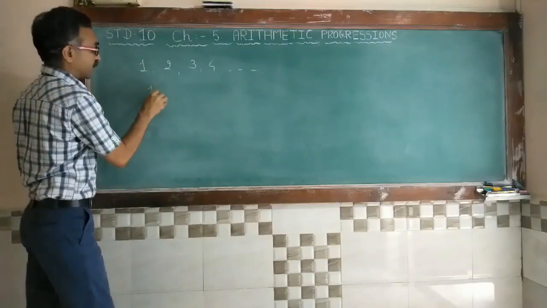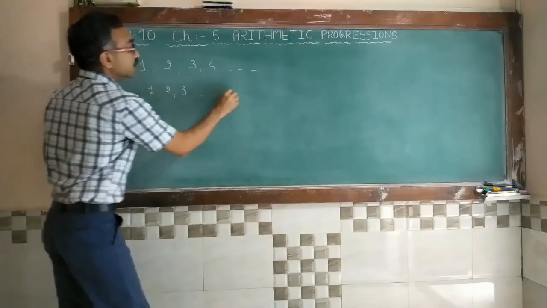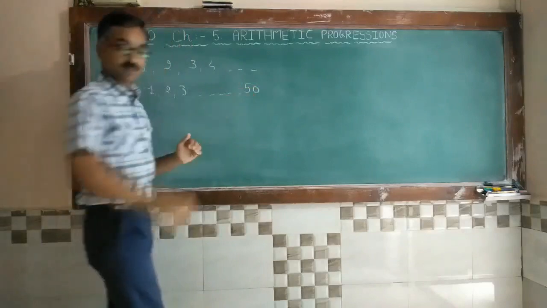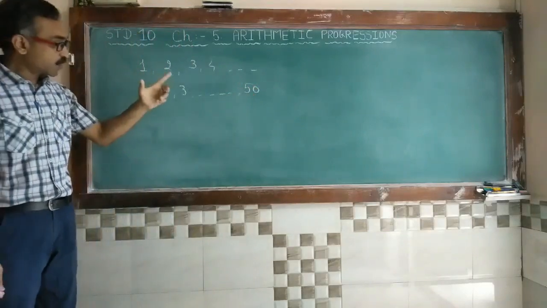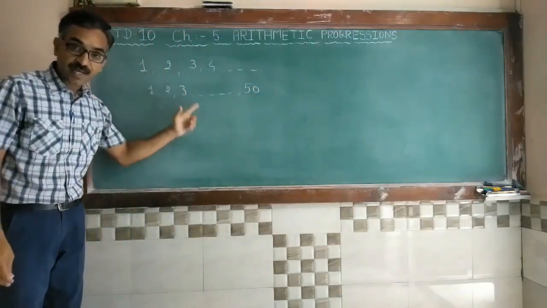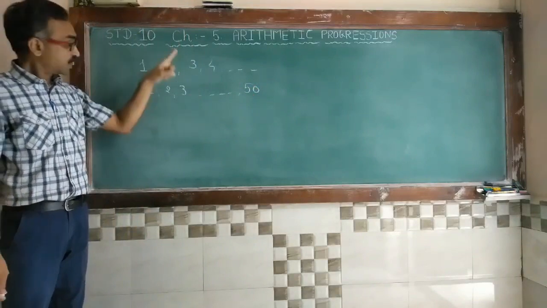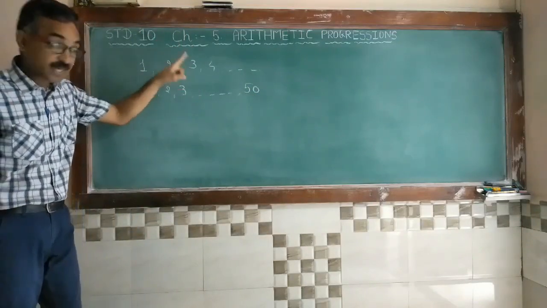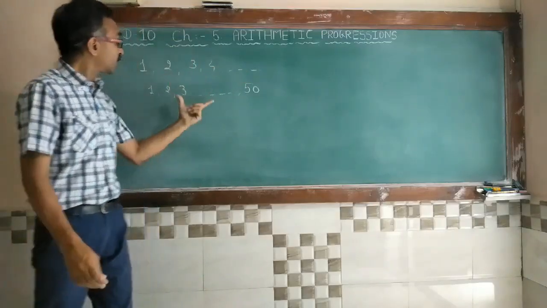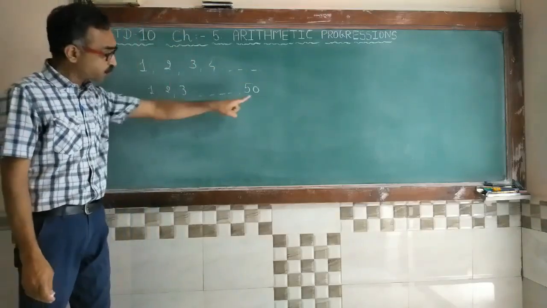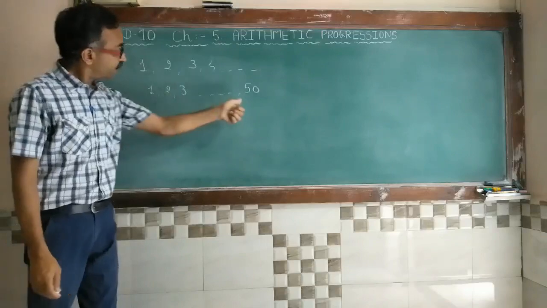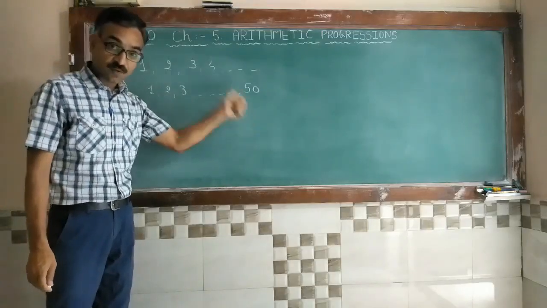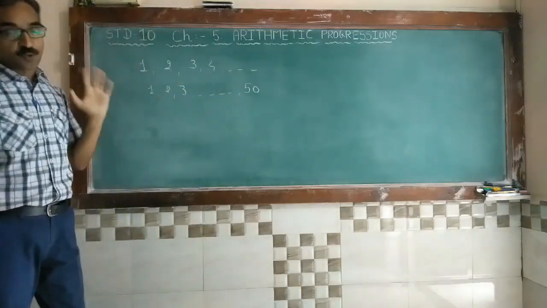Suppose we are taking 1, 2, 3 up to 50. So this is called a finite arithmetic progression. The earlier one is infinite arithmetic progression because it has an infinite number of terms. Here there is a fixed number of terms up to 50, that means 50 terms are there, so it is a finite arithmetic progression.